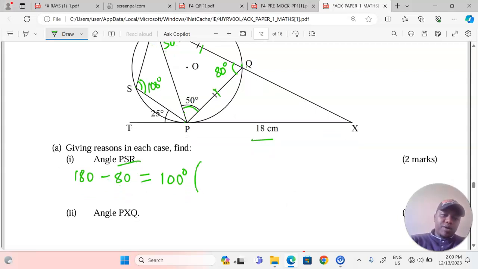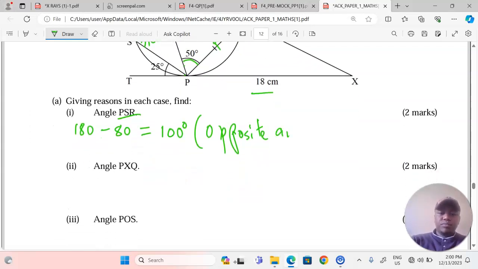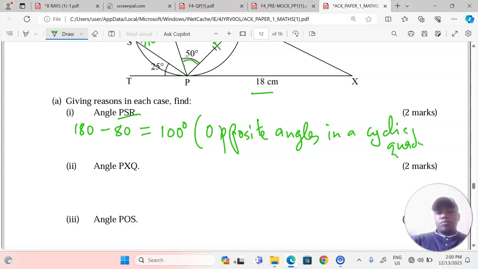The reason is: opposite angles in a cyclic quadrilateral are supplementary.